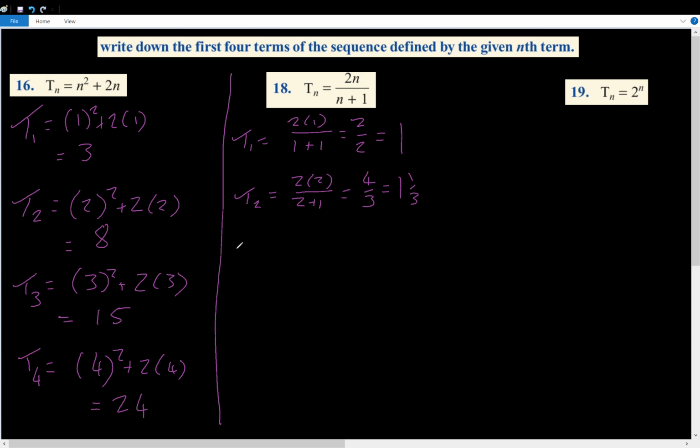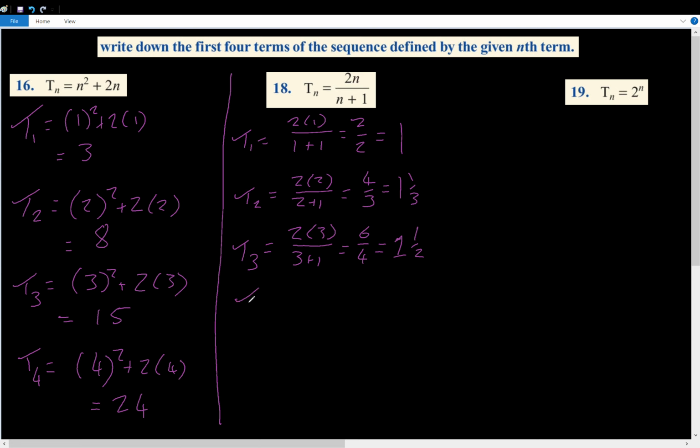For our next one, T3, that's going to be 2 times 3 all over 3 plus 1, which is going to be equal to 6 over 4, which is just 1 and a half.